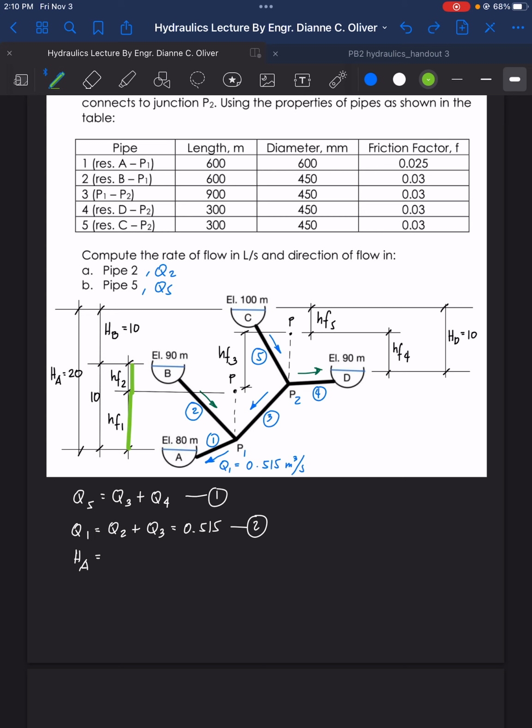No, it's not HF2. So HF1 plus HF3 plus HF5. So that's for HA: HF1 plus HF3 plus HF5.